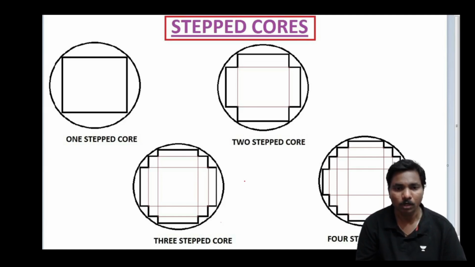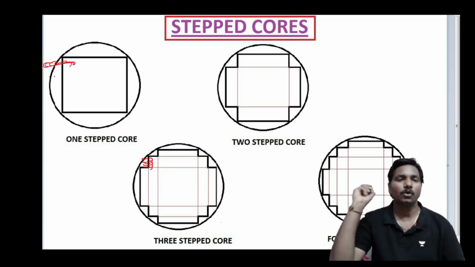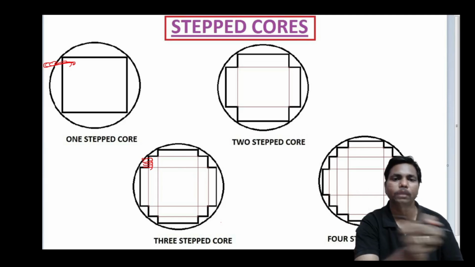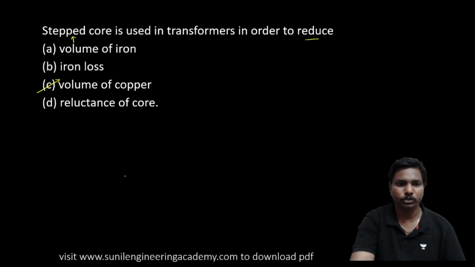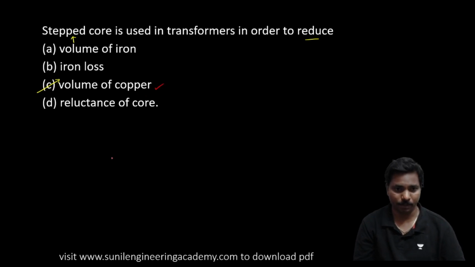For example, if you are using a 3-step core, only this much winding is required. But with the one-step core, we have to use one more, which means in the outer turn a lot of copper wire is required. Here less copper wire is required. So that's why we use the stepped type of core to reduce the volume of the copper.